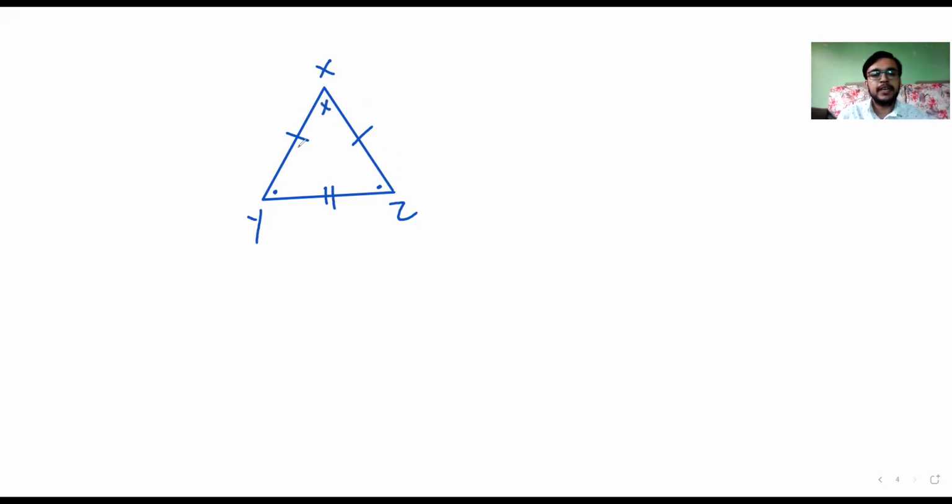Now tell me which type of triangle is that if two sides are same. Right, if two sides are same, then it is called isosceles triangle. Right, and third one is equilateral triangle. In equilateral triangle, all sides and all angles are equal.